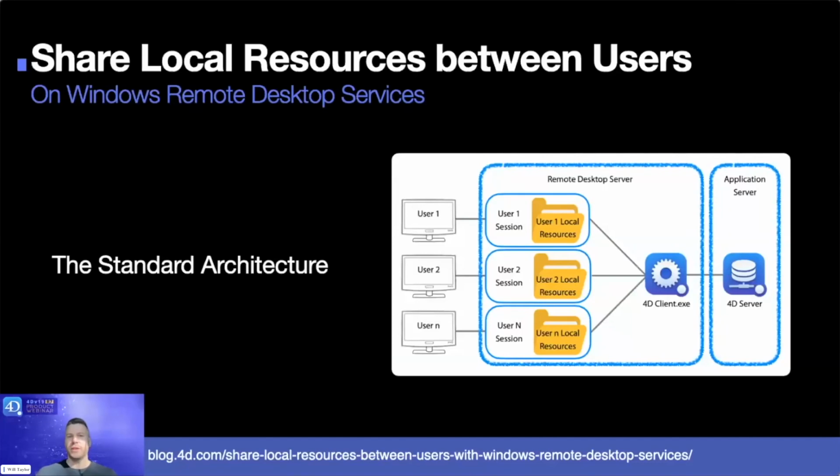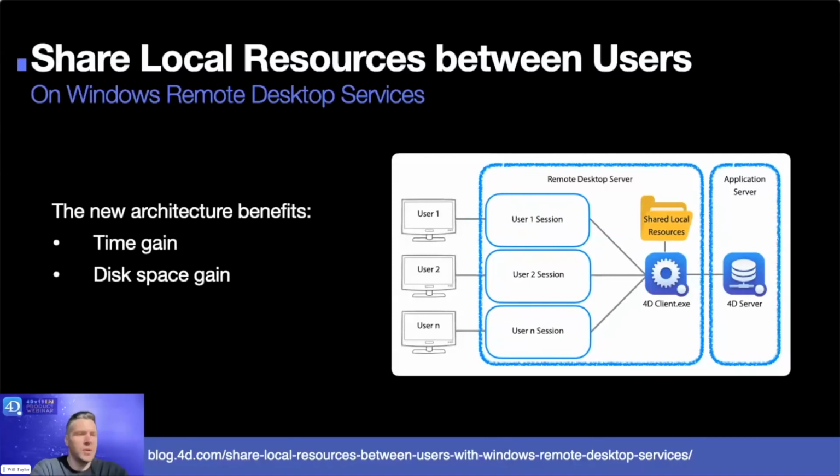Every user session in an RDS, remote desktop service environment, had its own local resources folder. Now, this is a potential waste of disk space, and many developers asked for a way to optimize this. And now in 4D 19 R7, we have a new XML build key to manage this.